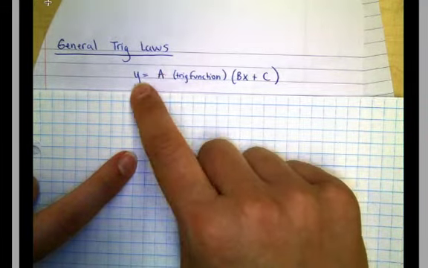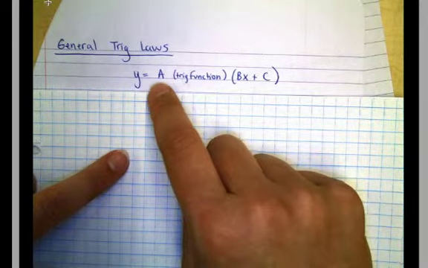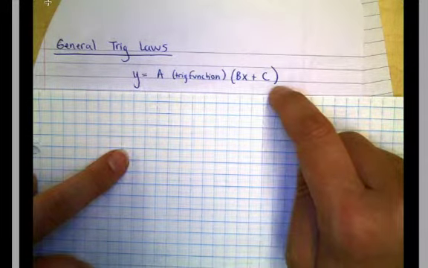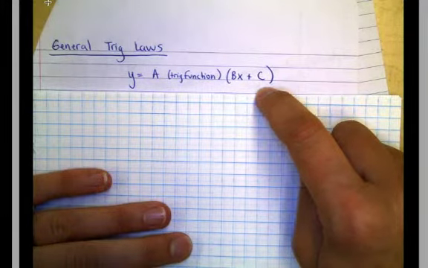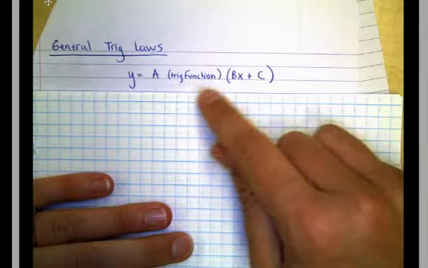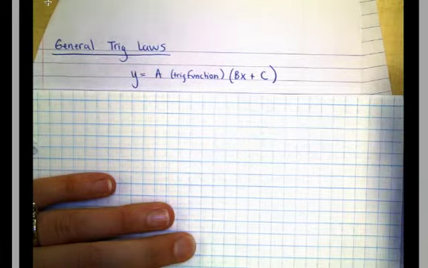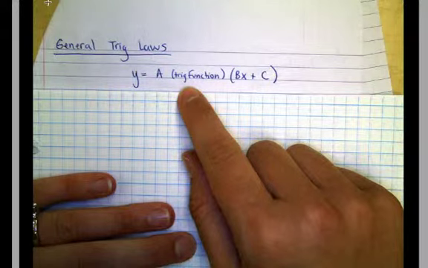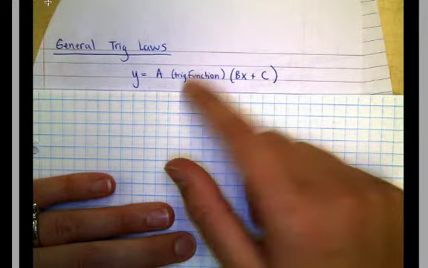We could have y equals a trig function, and we could multiply it by a, and we could have inside the parentheses bx plus c. Basically, a, b, c are all numbers. So this could be 3, 5, and 7, 2, 4, 6, or one of these could be 0. And then this trig function can be any of the six we know: sine, cosine, tangent, cotangent, cosecant, secant.